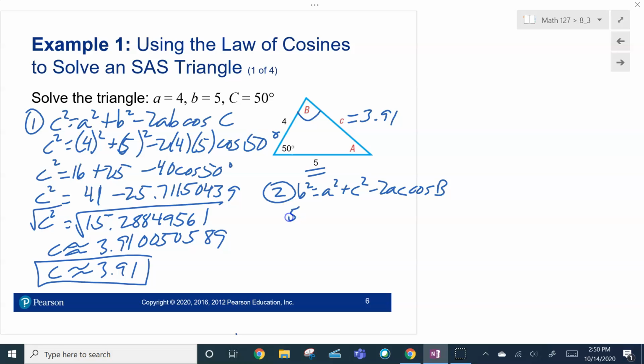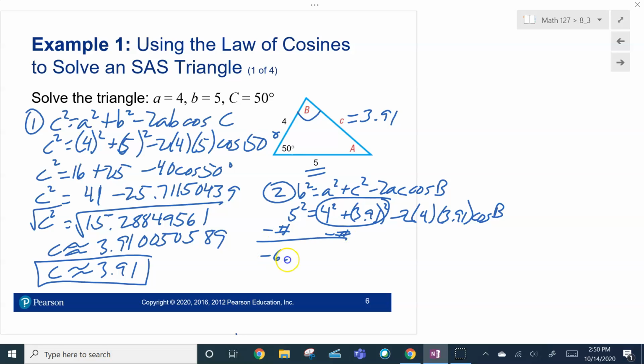We got 5 squared equals 4 squared plus 3.91 squared. Anyways, that thing keeps going. Minus 2 times 4 times 3.91 cosine of B. I'm going to square these, take it to the other side, so subtract that number.